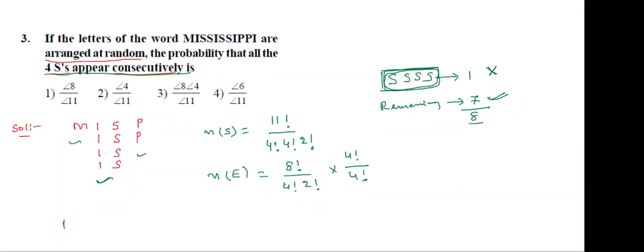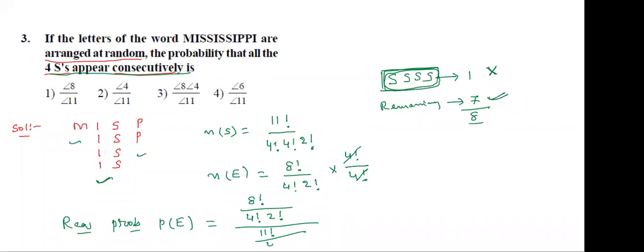So now, required probability. P of E is equal to N of E by N of S. 8 factorial, these two cancel, by 4 factorial into 2 factorial, divided by 11 factorial divided by 4 factorial, 4 factorial, 2 factorial.